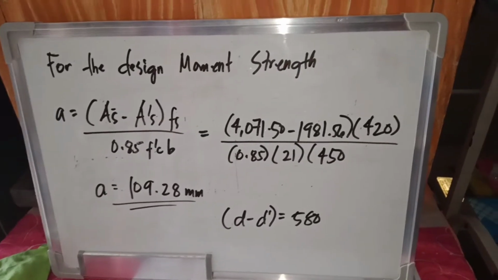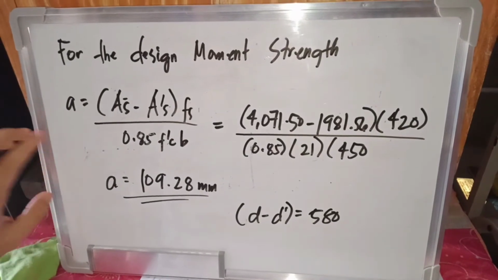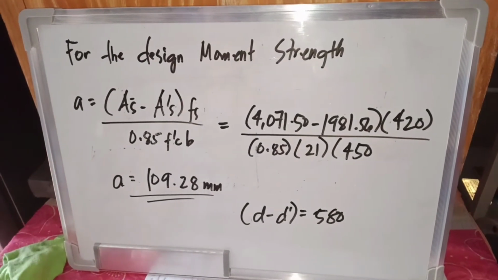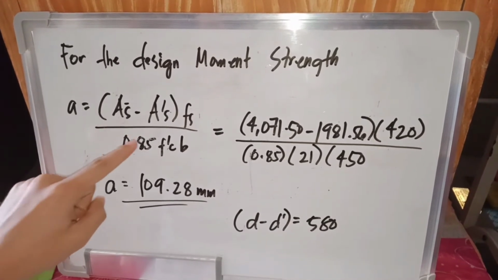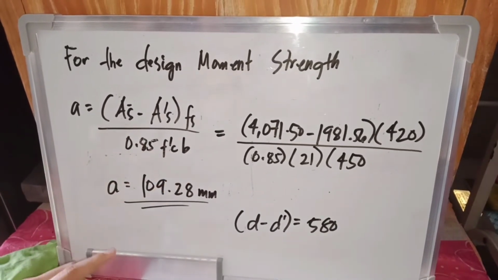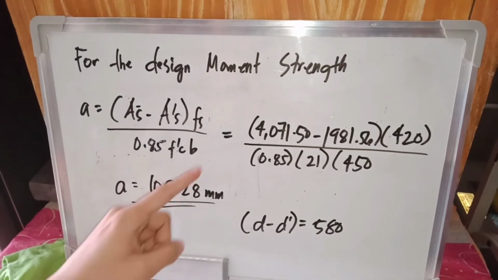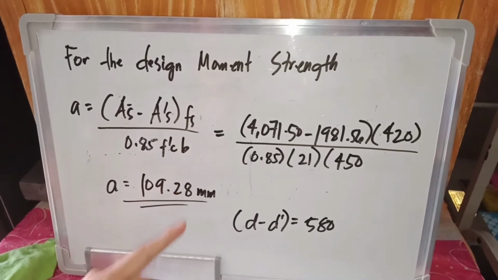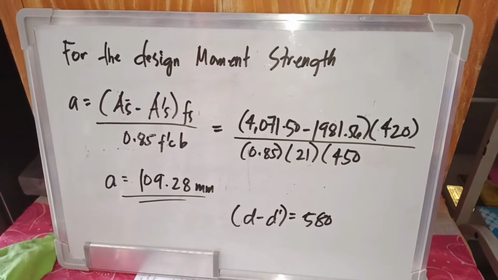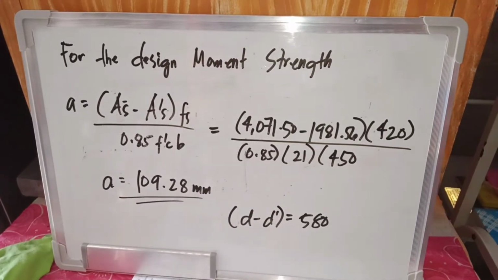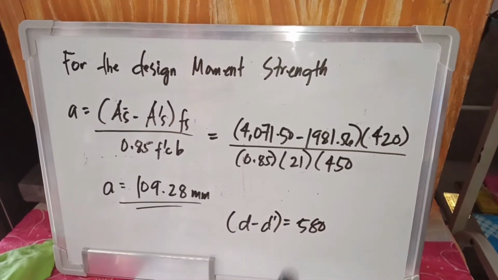To begin the solution for the design moment strength, we have to get first our A, because A is involved in our formula right after this. So A is equal to AS minus A prime S times Fy over 0.85 times F prime C times B. So we get 4071.50 minus 1981.56 times 420 divided by 0.85 times 21 times 450.